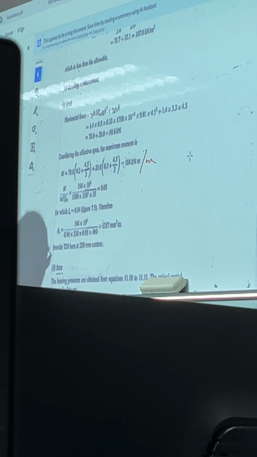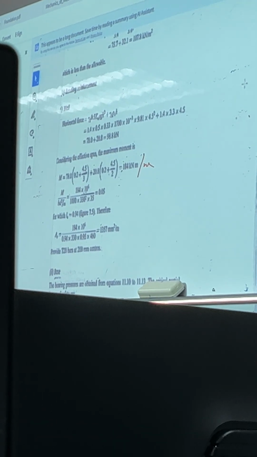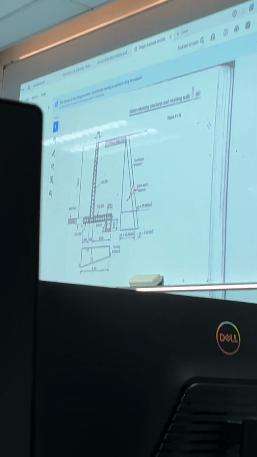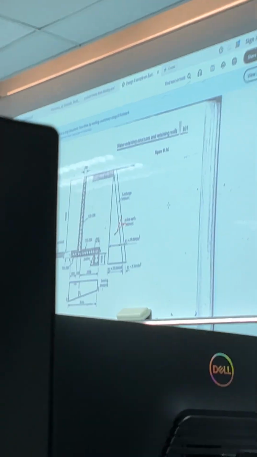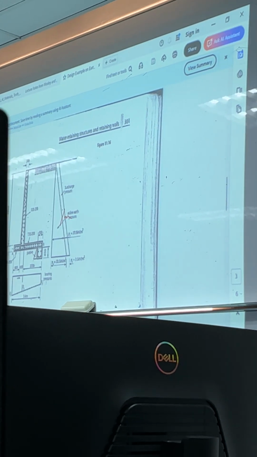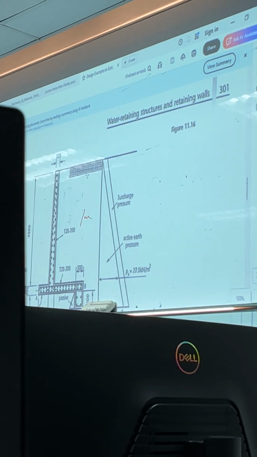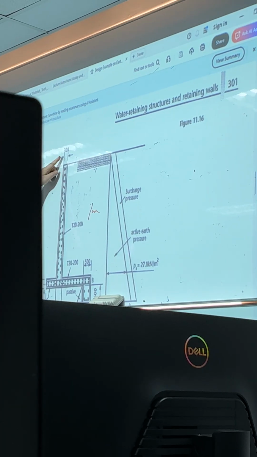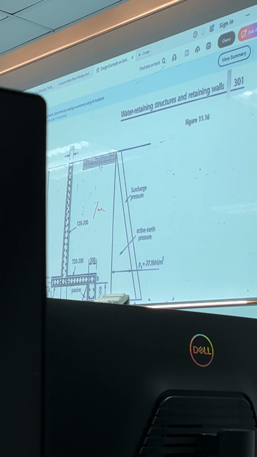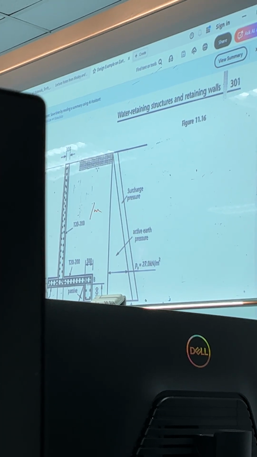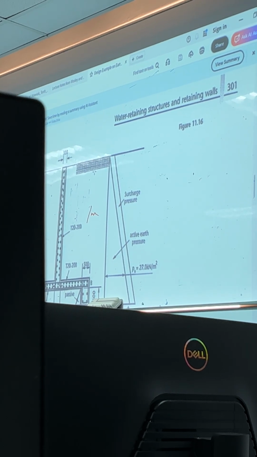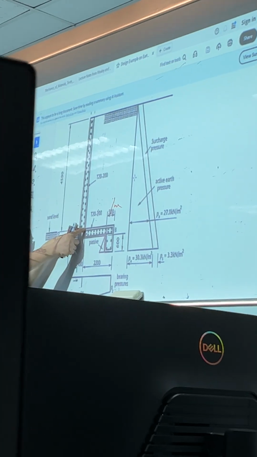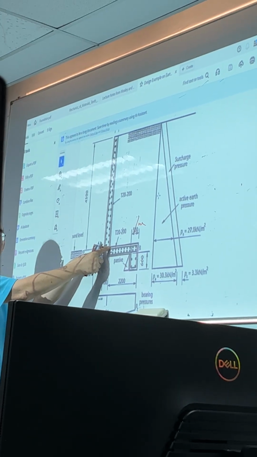Now the thickness here is 300 at the top, and I think 400 at the bottom.